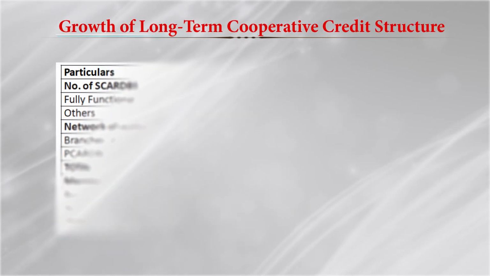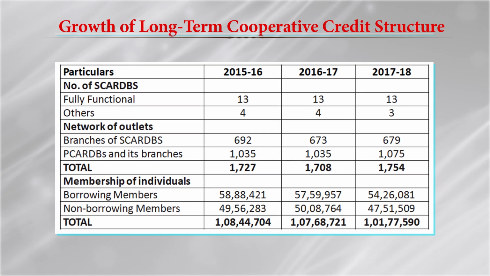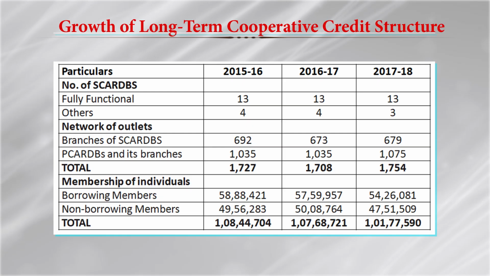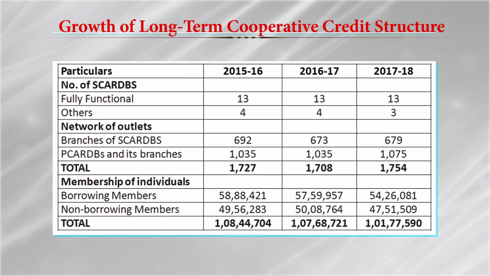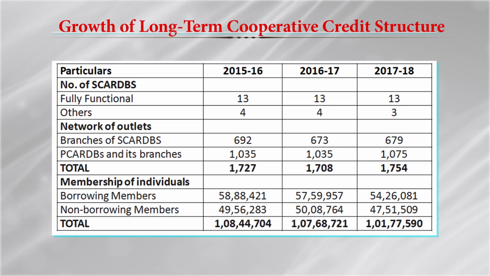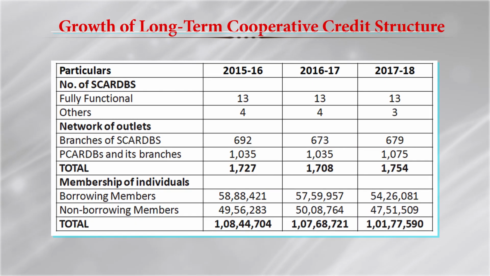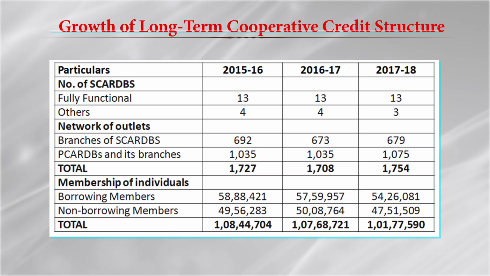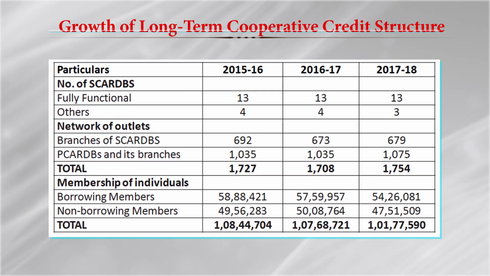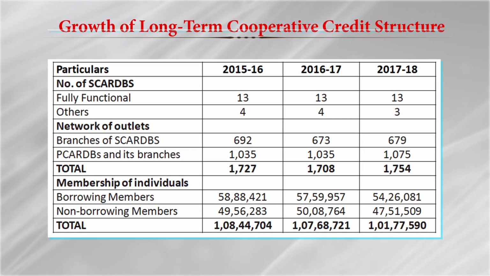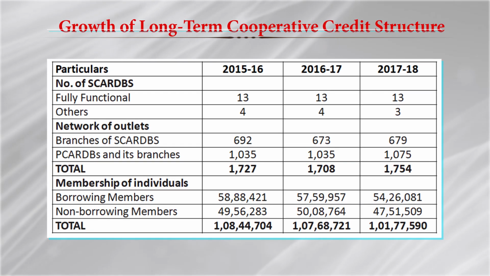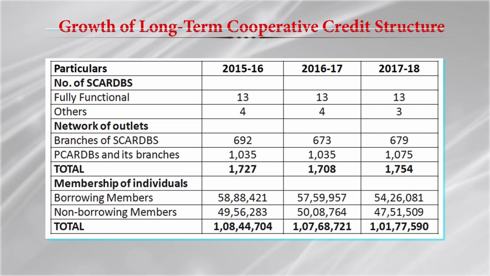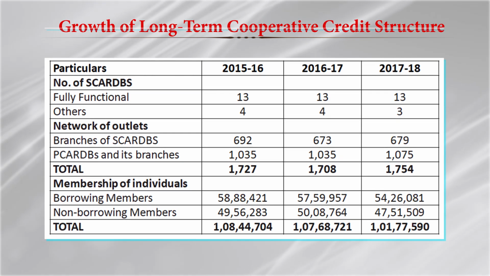And here you can see the growth. We have 13 State Cooperative Agricultural Development Banks, and they have around 679 branches. We also have the primary cooperative agricultural development banks and their branches, numbering 1,775.